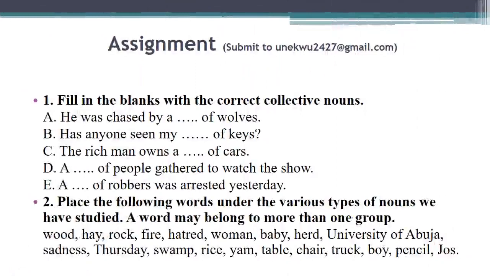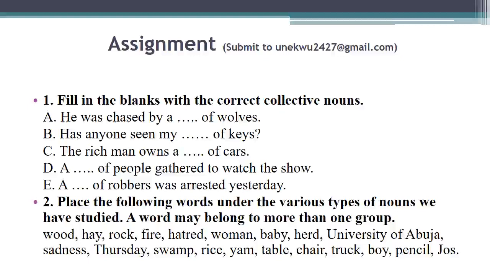So here's an assignment for you to test your knowledge of what we have just studied, and then you submit to the email address on this page. So remember, we have gone through parts of speech. We said parts of speech are very necessary for us to make meaningful constructions in the language, and there are 8 parts of speech.